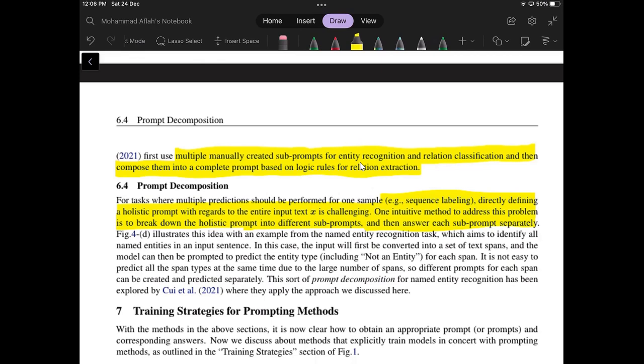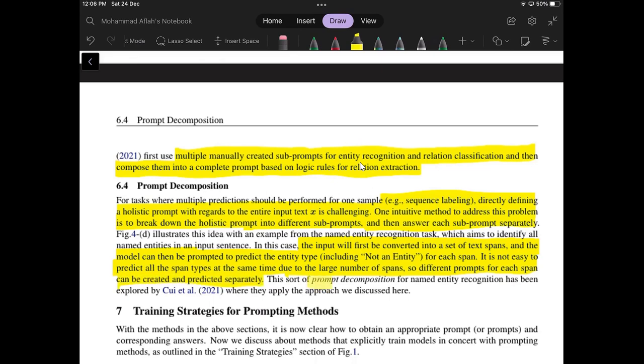In this case, the input will first be converted into a set of text spans, and the model can then be prompted to predict the entity type, including "not an entity" for each span. It is not easy to predict all the span types at the same time due to the large number of spans, so different prompts for each span can be created and predicted separately.